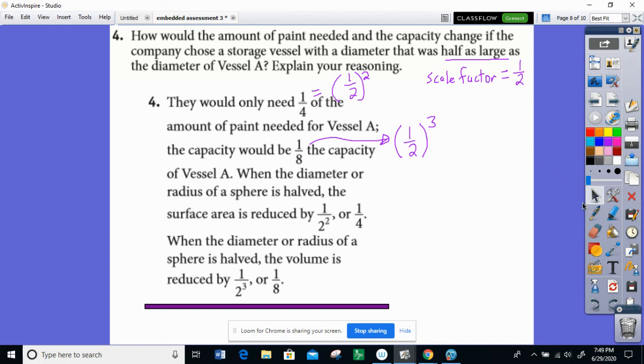One thing that we would maybe want to note: when you're applying an exponent to a fraction, that exponent gets applied to the numerator and the denominator. That might look a little different here than what they have down here because 1 to any power is just 1. So this and this are the same thing. They left out that step where they applied the exponent to the 1 as well.